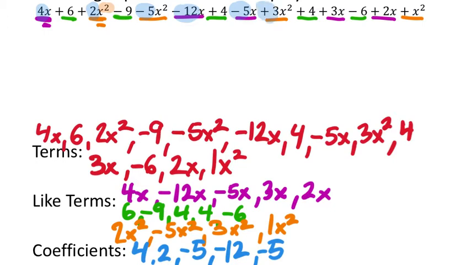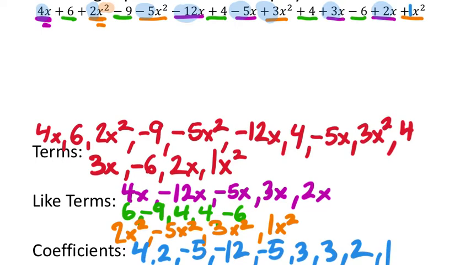And then there's that positive 3 there. And then the 4 isn't, but that positive 3 is. So there's another 3. And then we got this 2. And this last one here, again, we can't see it, but it's there. That's that phantom 1. So I do need to put it in the list, okay? Now that is all the terms, like terms, and coefficients.